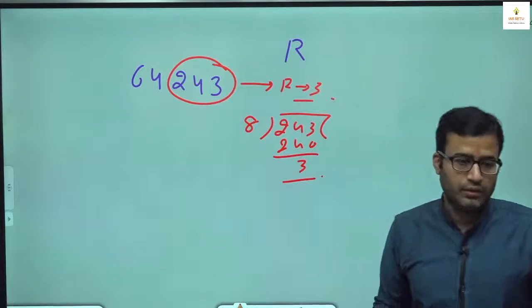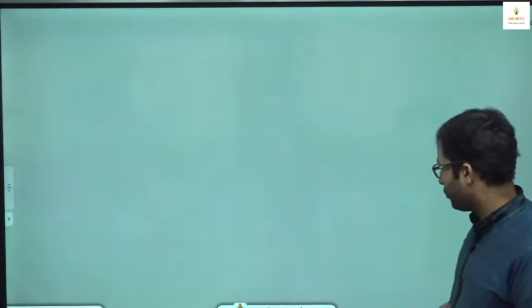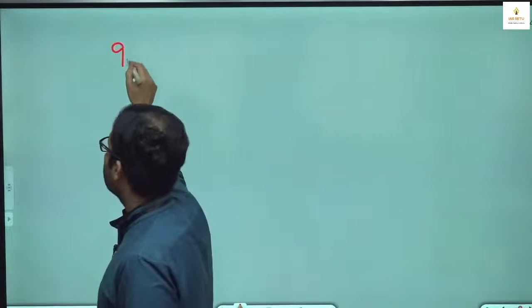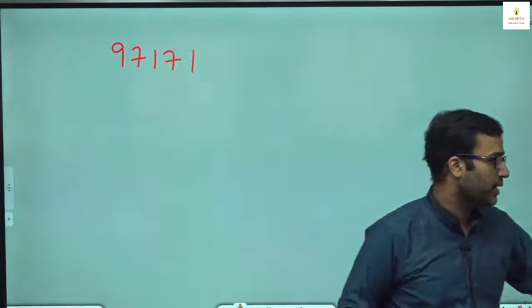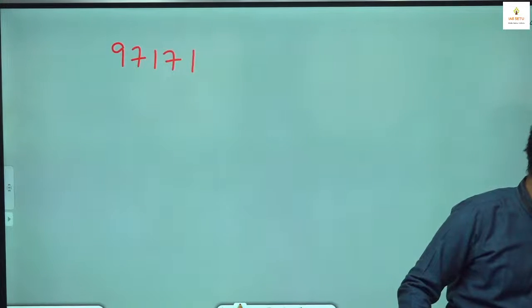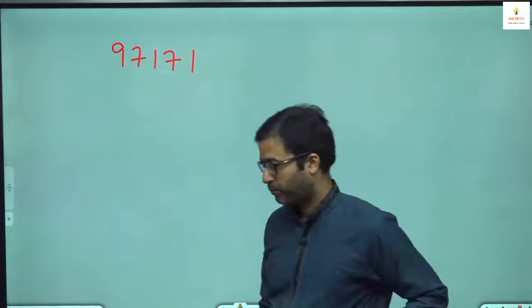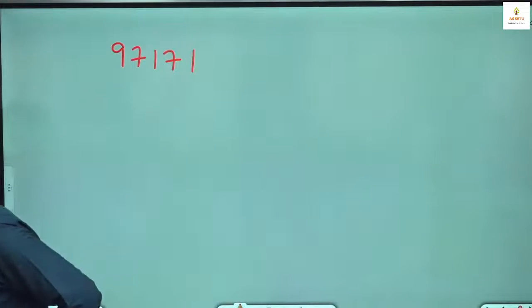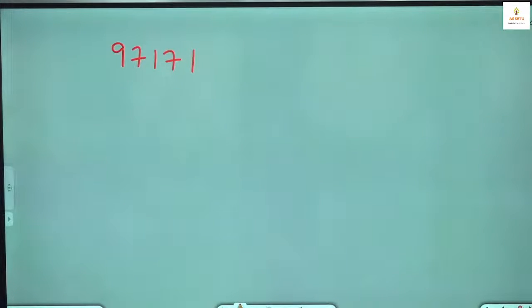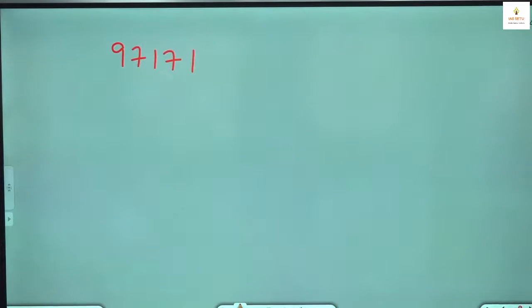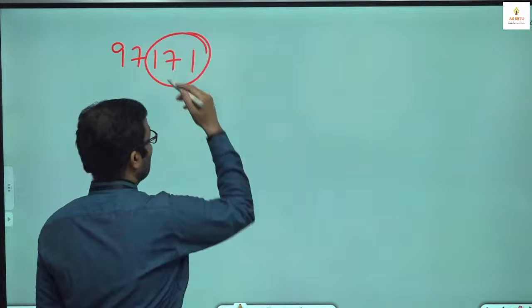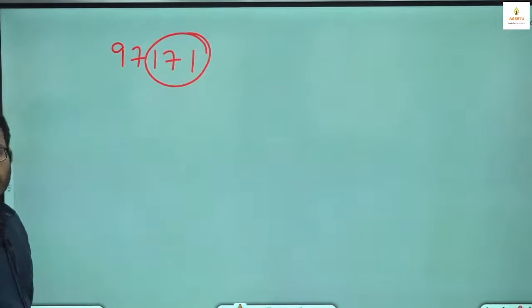Now you check 97,171. Is it divisible by 8, yes or no? If no, then what is the remainder? So this 171, it is not divisible by 8.